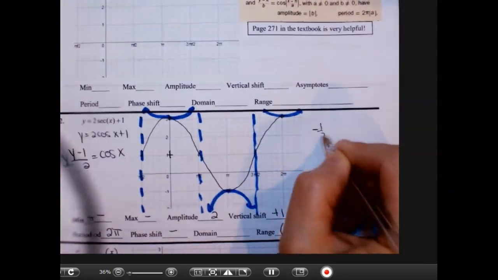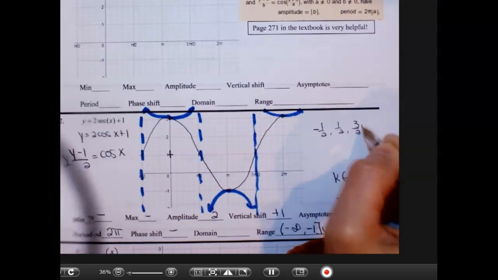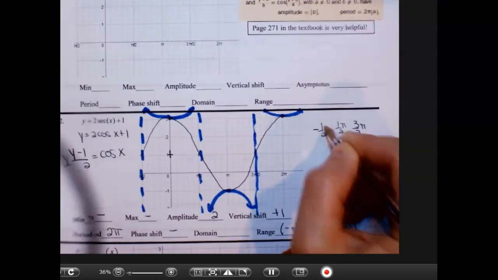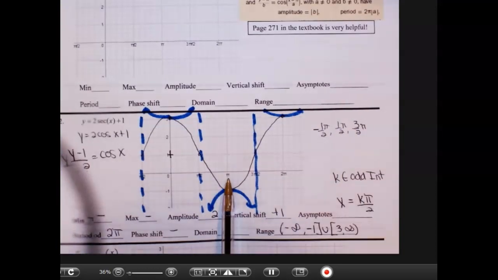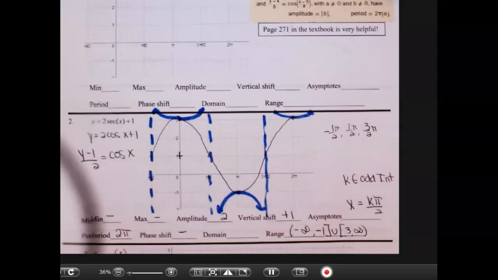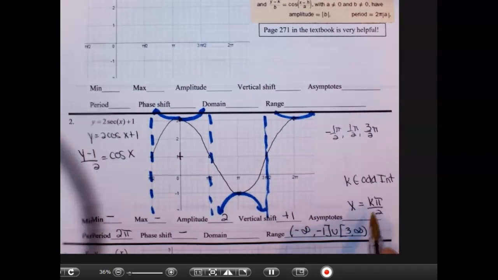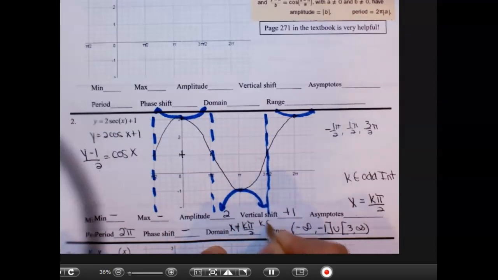We had -pi/2, we had pi/2, we had 3 pi over 2, so none of them were 2 pi over 2, which reduces to 1 pi. Notice right there, we don't have an asymptote. So that means our domain is everything but what those asymptotes are. So we've got x cannot be equal to k pi over 2, again where k is an odd integer.